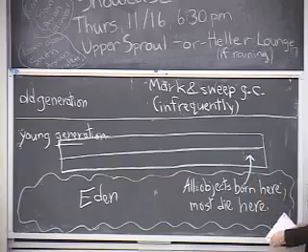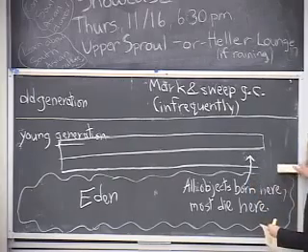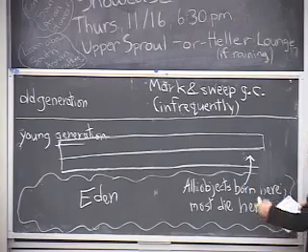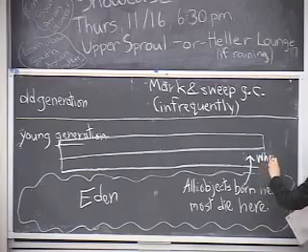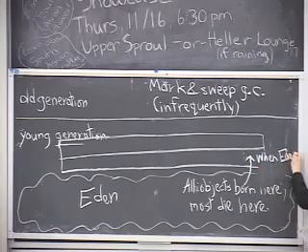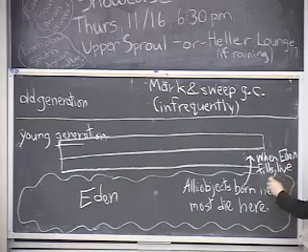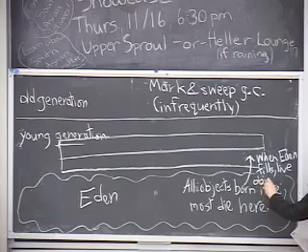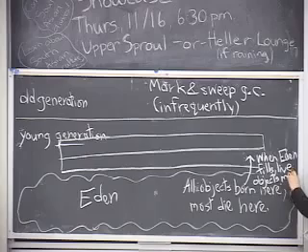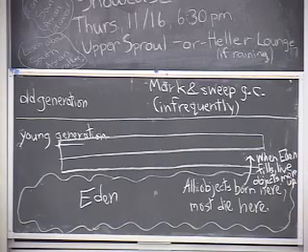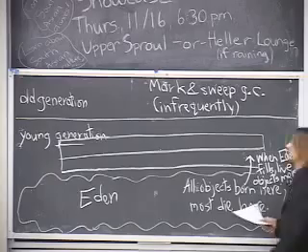So when Eden fills, live objects move up, and the places they move up into are called the survivor spaces.